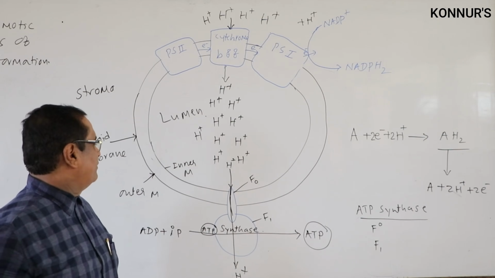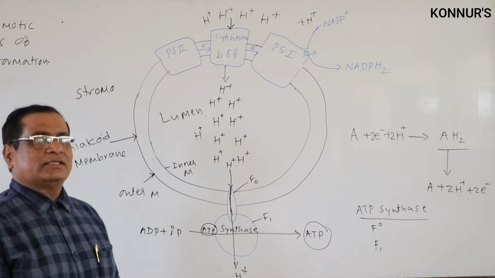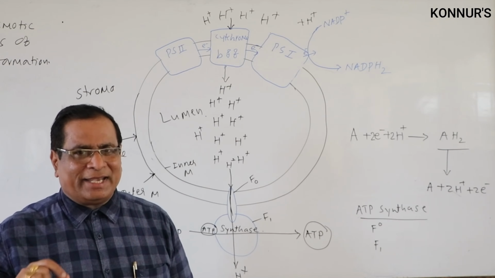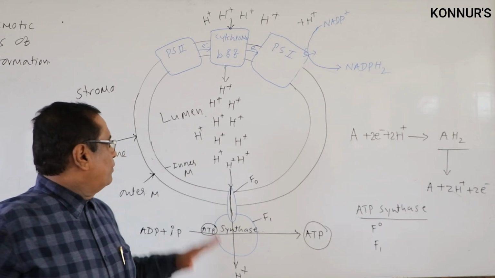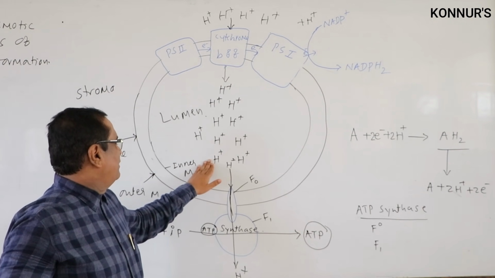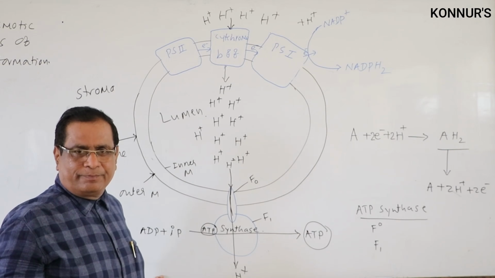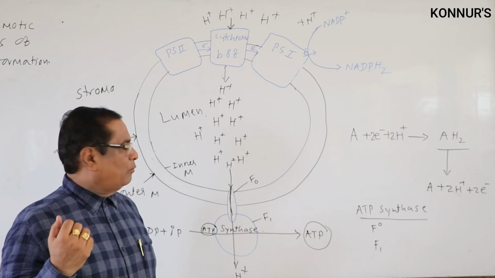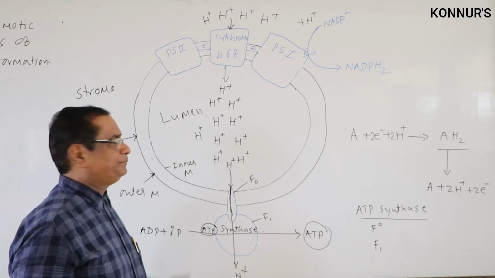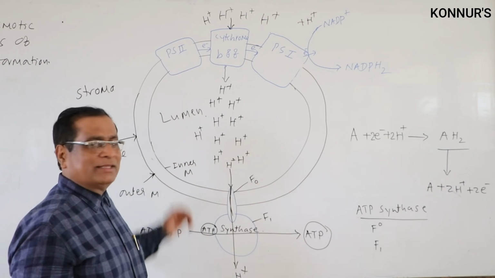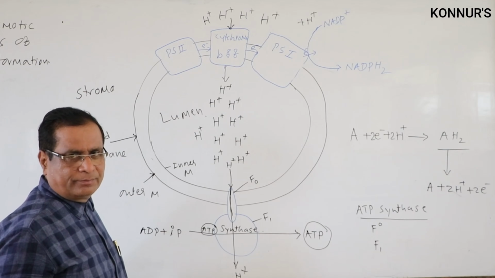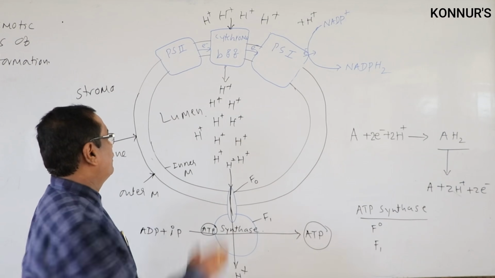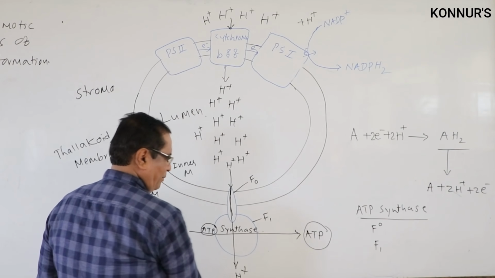They can make the question even concerned to this: proton motive force is created by the proton gradient between lumen and stroma. And the proton motive force is created when there are more protons in the lumen than stroma. Then only protons are pumped out. Protons come in and they are pumped out.